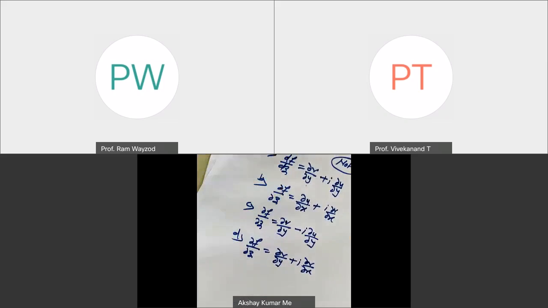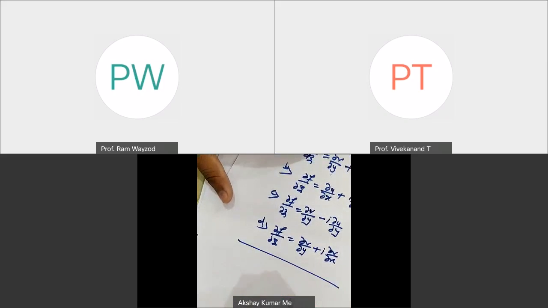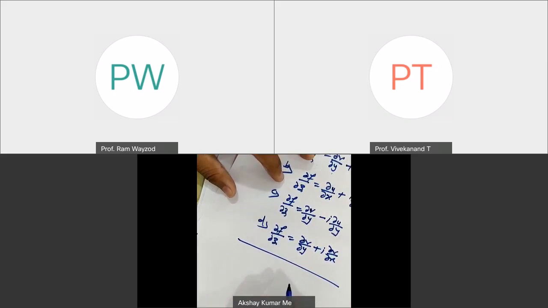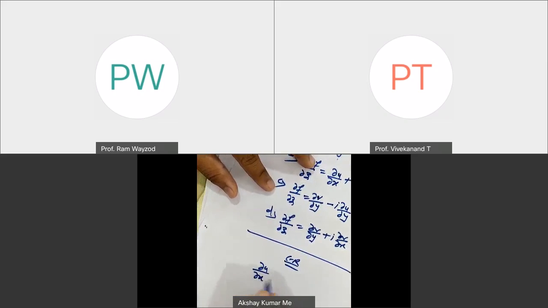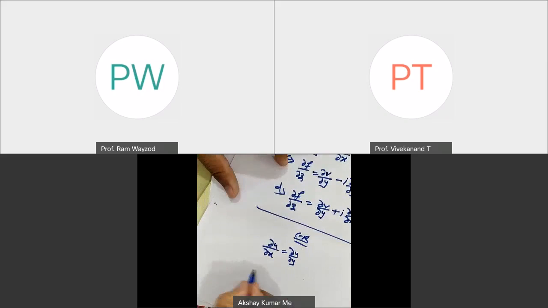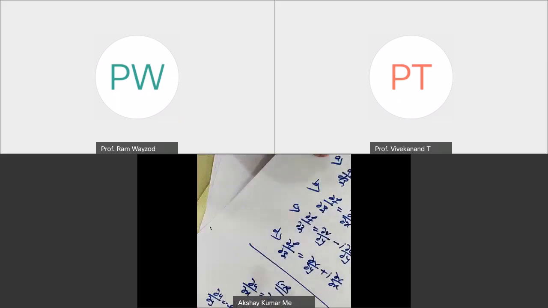So we know that these all are complex functions, and for a complex function or complex variable we have the CR equations. Our CR equations are del u by del x is equal to del v by del y, and del u by del y is equal to minus del v by del x. So we observe this.